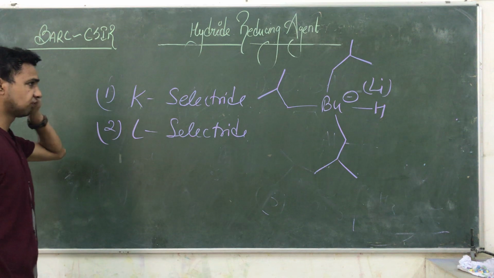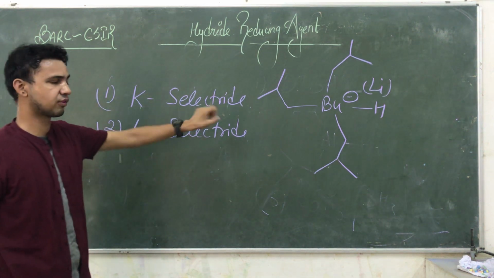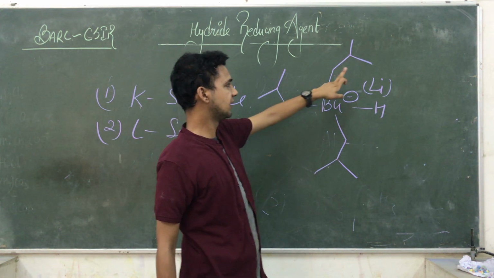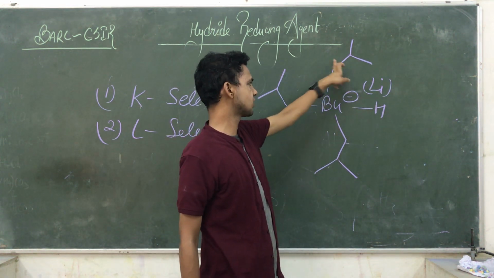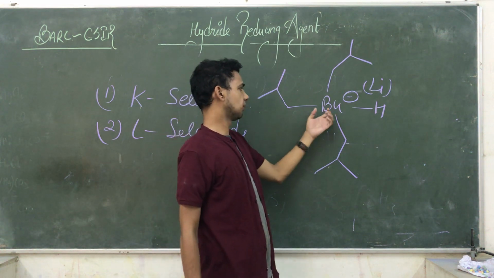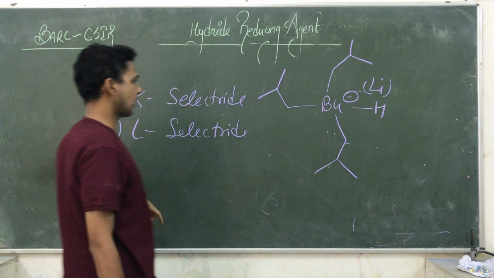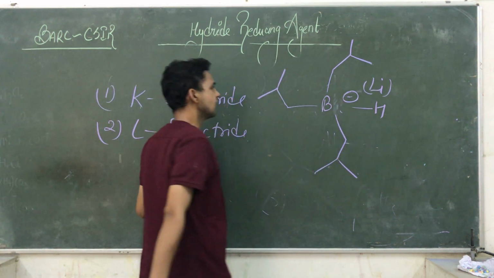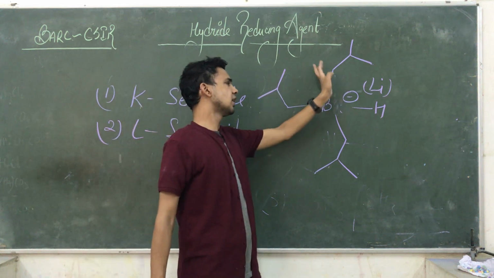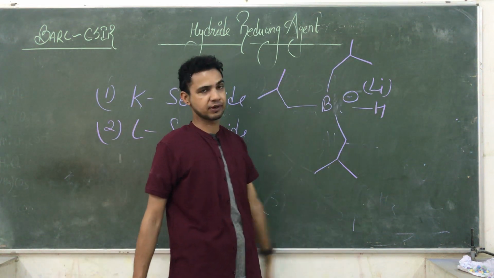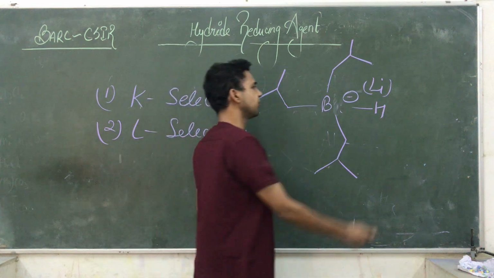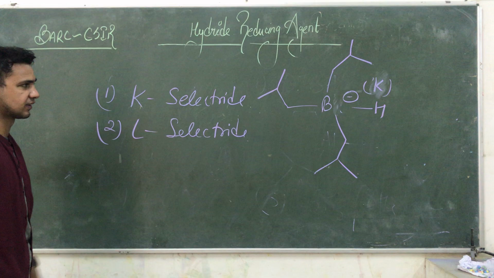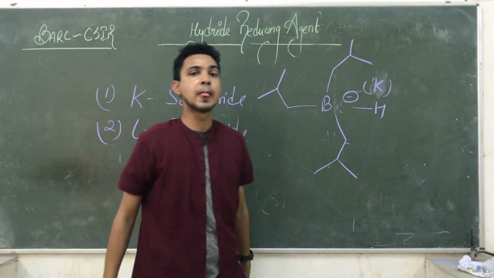So the one related to lithium is L-Selectride. It is lithium tri-sec-butyl borohydride. Instead of this, if you remove the lithium and use potassium, that is known as K-Selectride. It is a specific kind of reducing agent.